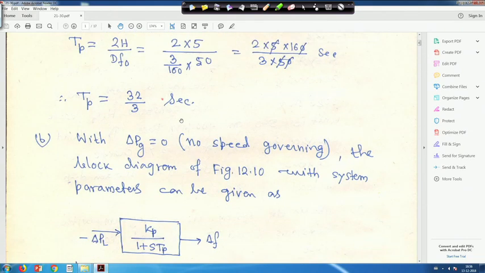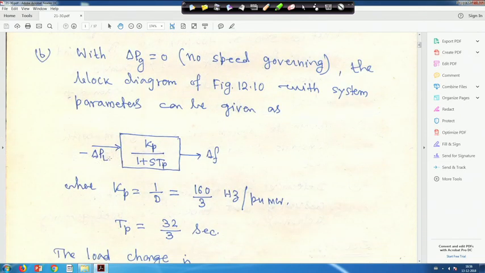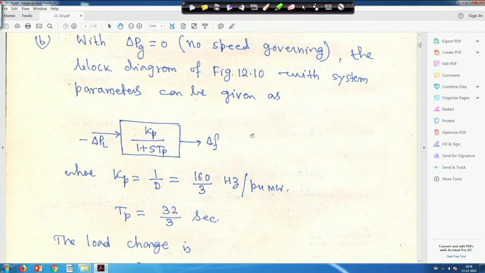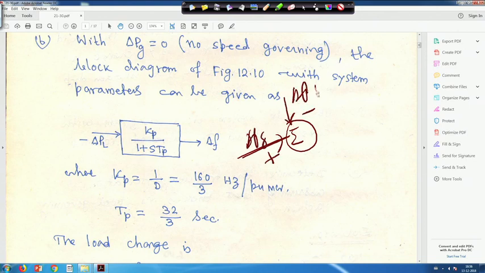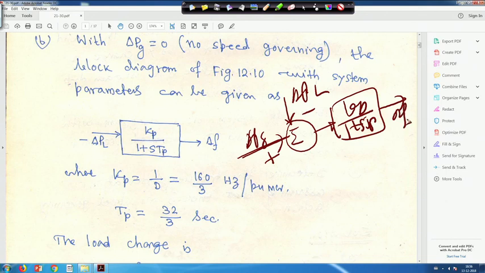In the second case, with no speed governing action, delta Pg is equal to 0. If you go back to the block diagram, there is plus delta Pg, minus delta PL, and Kp upon 1 plus S Tp giving delta F. From there one feedback has gone to the governor, but there is no governing action, so delta Pg is equal to 0.